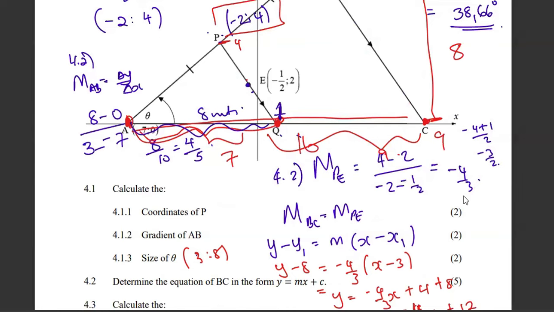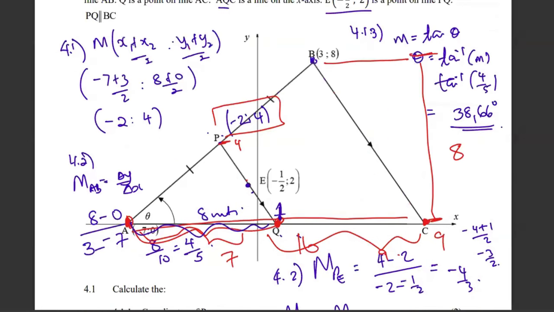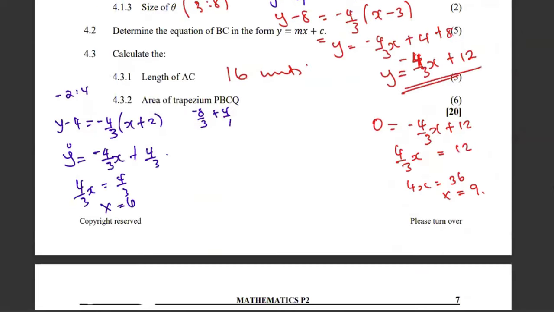So let me get the area of ABC minus the area of APQ. So this is going to be a half. The base is 16. The height we said is 8.